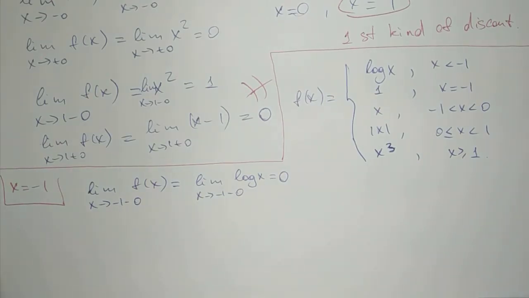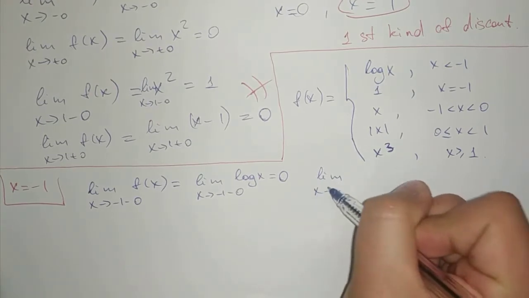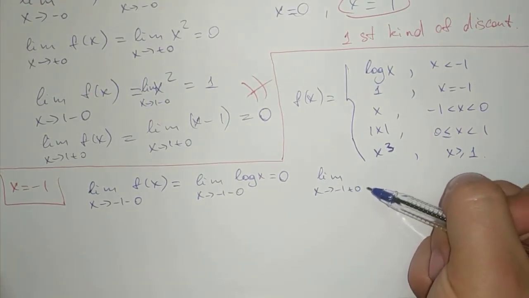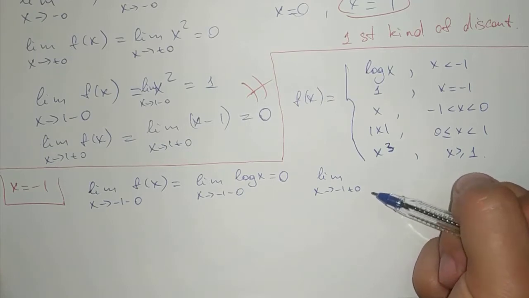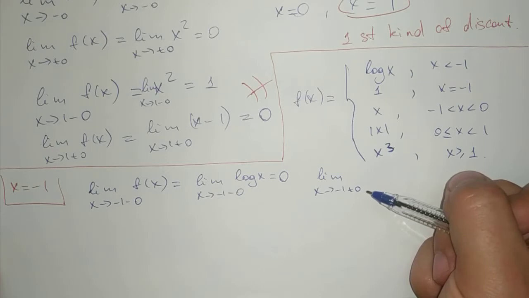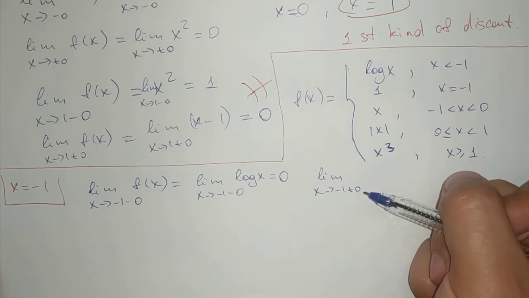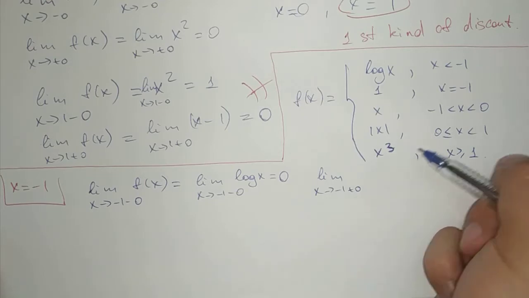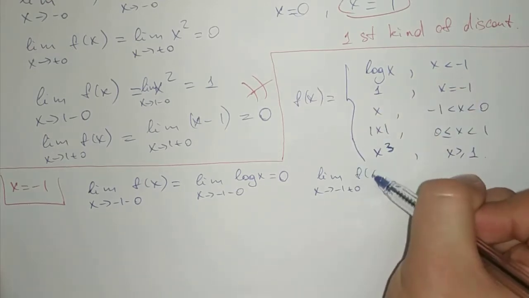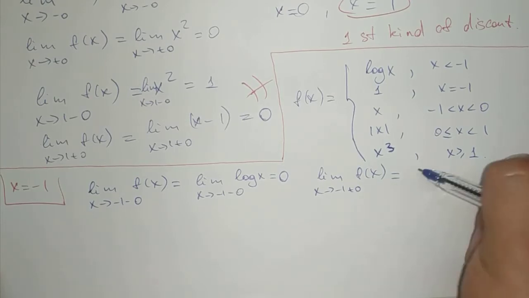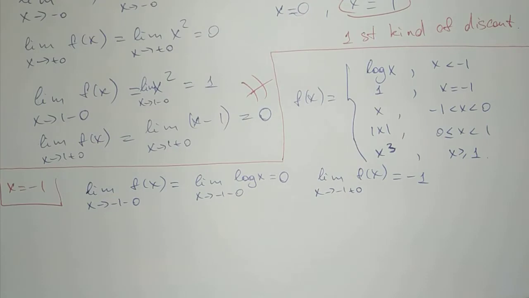And the right side limit is minus 1. So this is a point of discontinuity, x is minus 1, because there exist one-sided limits and they are not equal. So this is first kind.